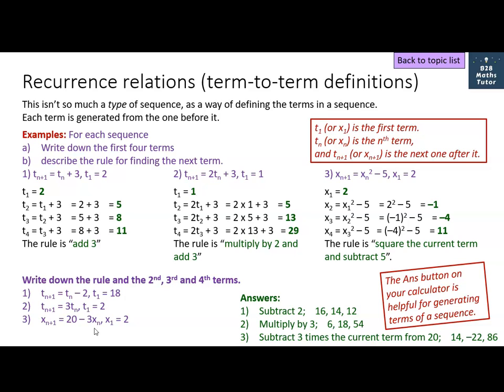Now 3 times 14 is 42, so that's 20 minus 42, which gives us negative 22. And our fourth term is 20 minus 3 lots of negative 22. 3 lots of negative 22 is negative 66. So we've got 20 minus negative 66, which is the same as 20 plus 66. So the fourth term is 86. And that about covers it for recurrence relations.